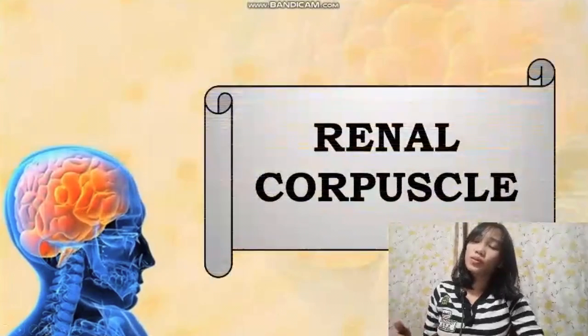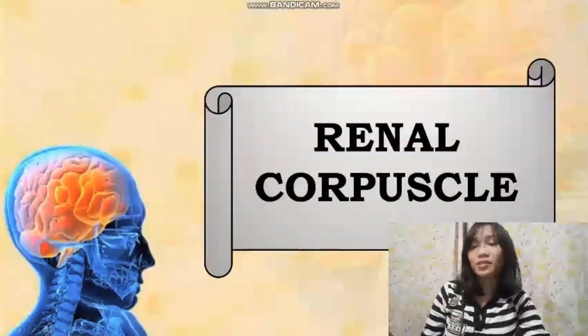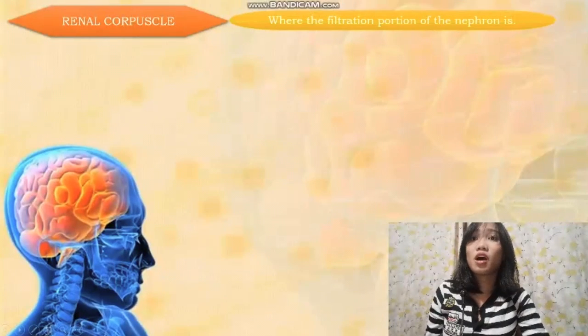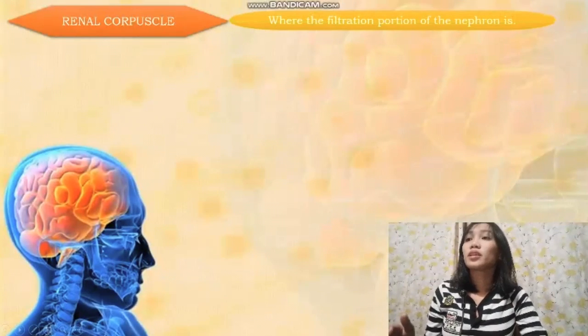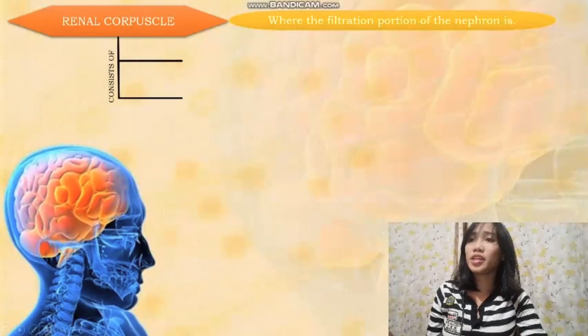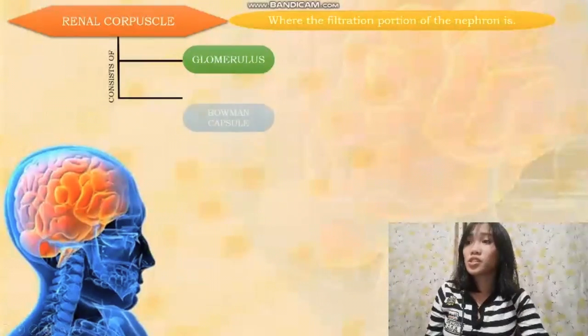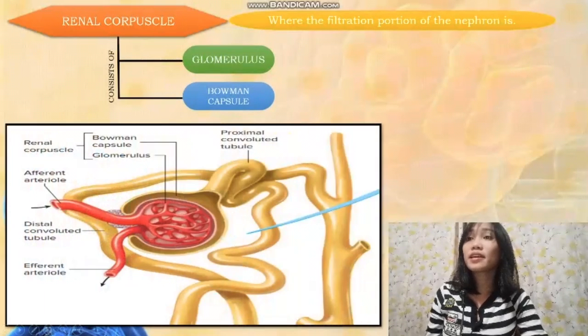Next, we will talk about the renal corpuscle. The renal corpuscle is where the filtration portion of the nephron is, and it consists of the glomerulus and the Bowman capsule. This is what it looks like.